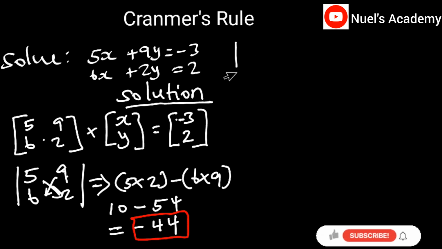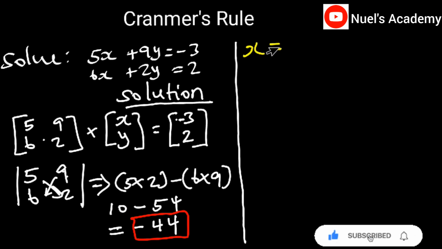And then the next step is to find the values of x and y. Here the value of x is given by the determinant of, now we're going to replace this 5 and 6, which are the coefficients of x. So first, to find the value of x, we're going to replace the coefficients of x, 5 and 6, with the constants, negative 3 and 2.